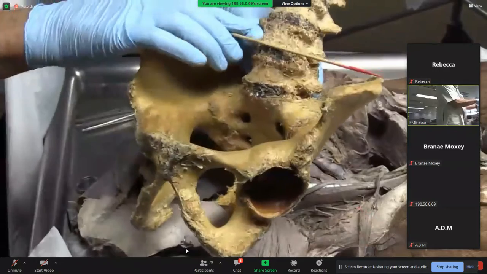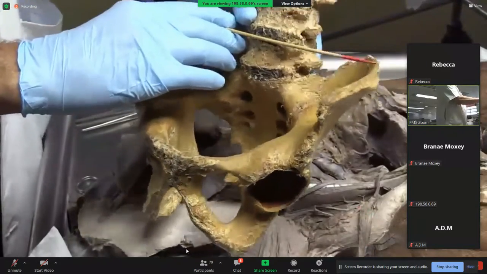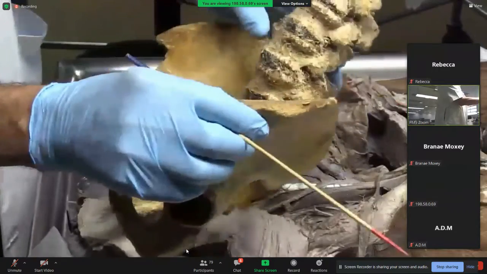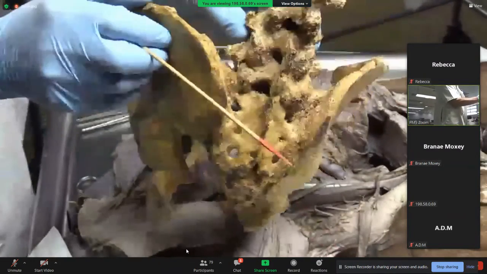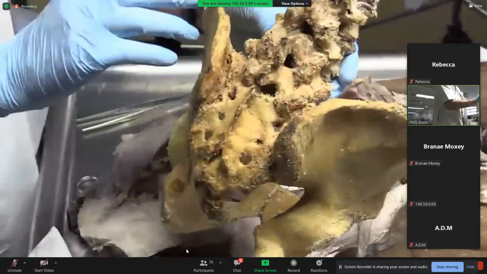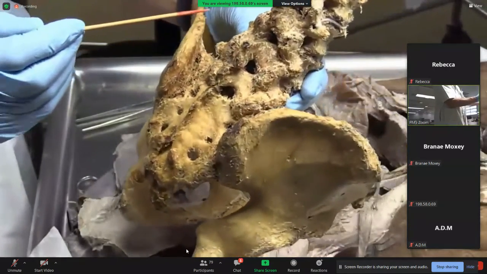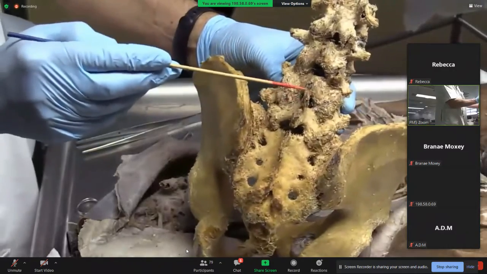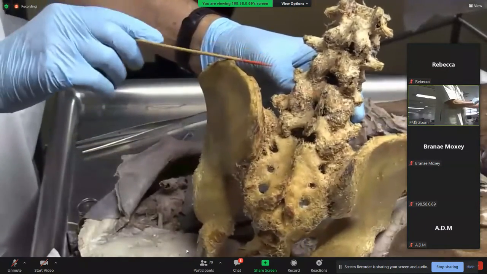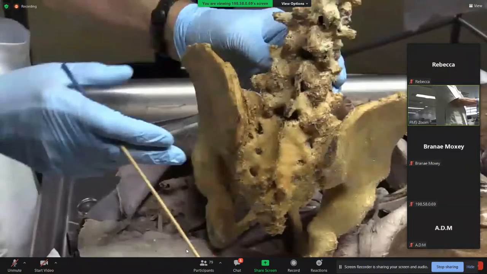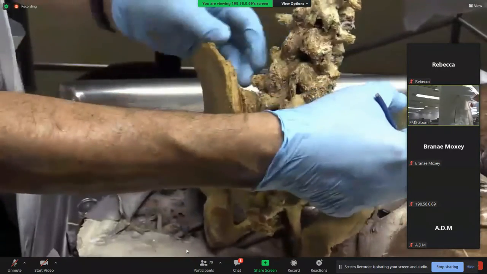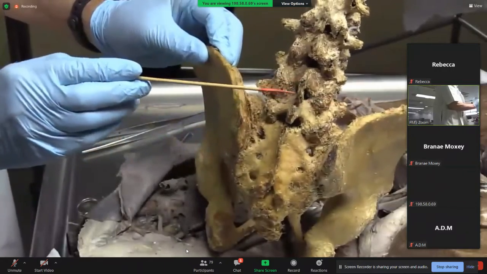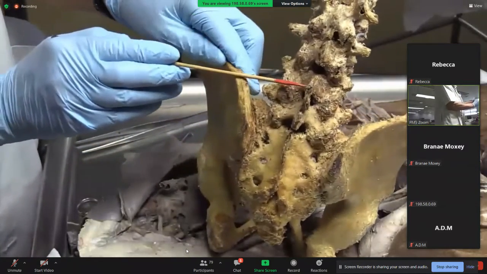Now, why is it important to know that plane, the highest part of the iliac crest? If you're an anesthetist and you're going to give a spinal anesthetic, you want to know what spinous process coincides with that point. We put the patient seated like this and you feel for that plane like that, and then you can see that that's L4.